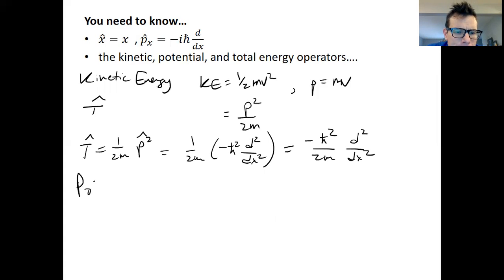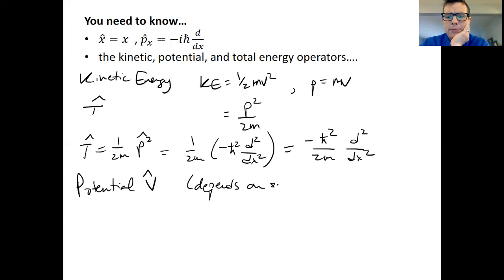Potential. This is given the symbol V hat. And what I would tell you in general is that this depends on the specific situation involved. So different systems have different types of potential energy, right?